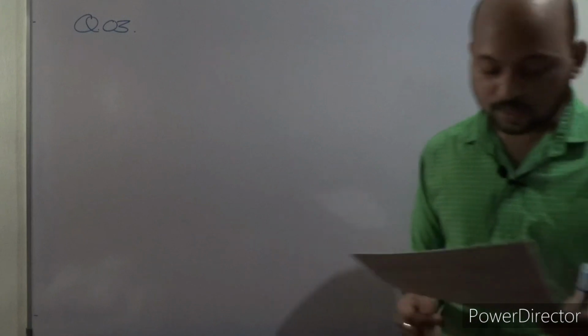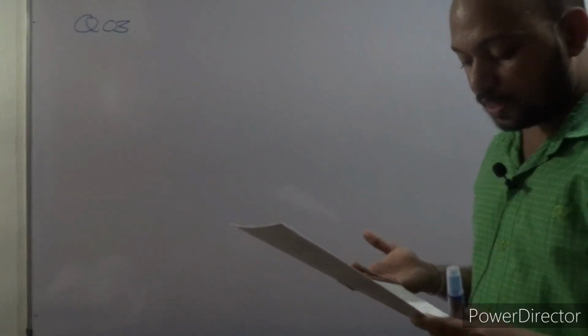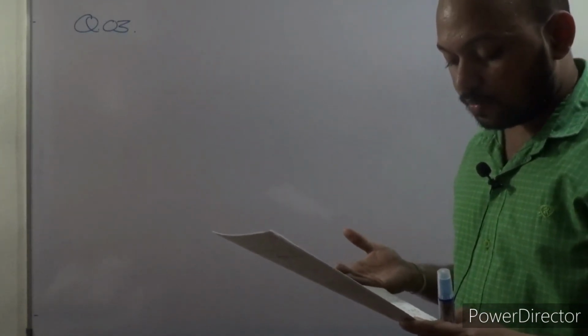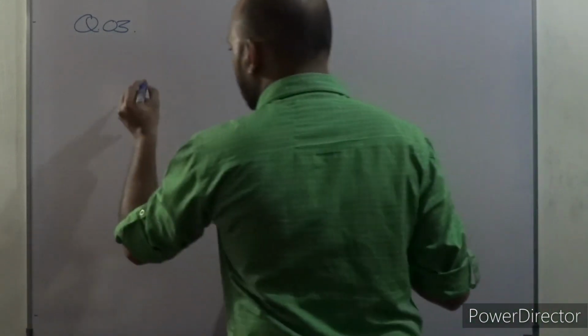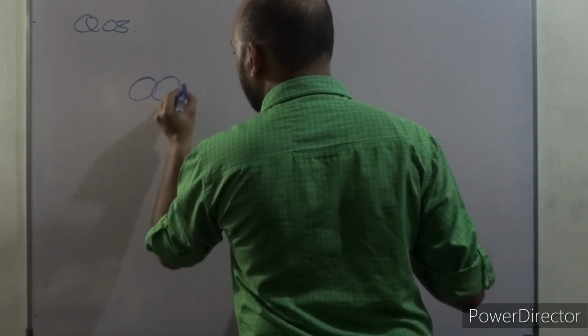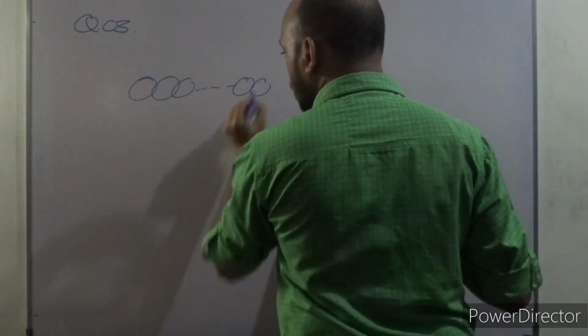Here it means that when n number of spheres are placed in a row, suppose there are n number of spheres like that.